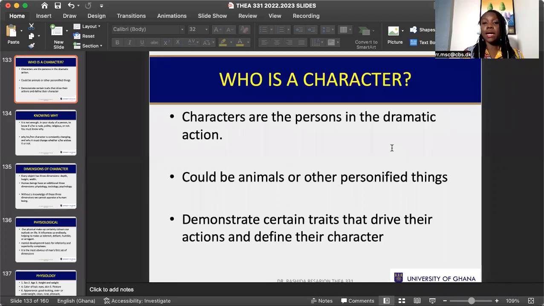But then characters are considered persons capable of making certain moral choices. And those choices and the pattern of their actions within the play or film or short story is what helps us to define who they are.